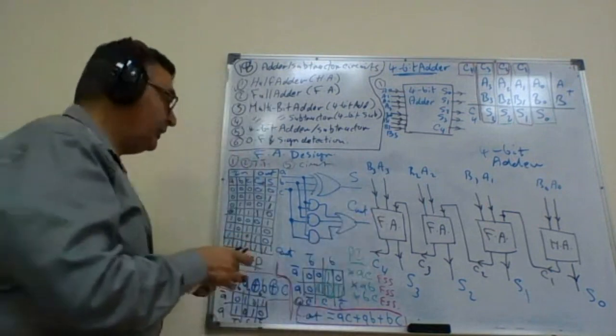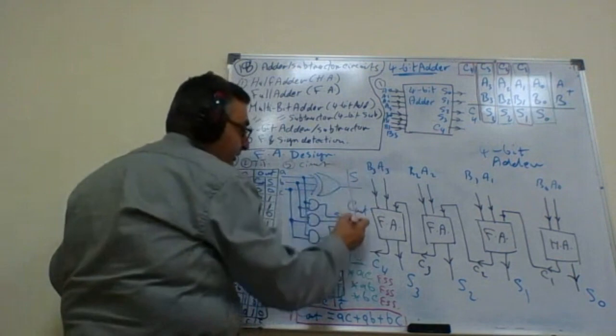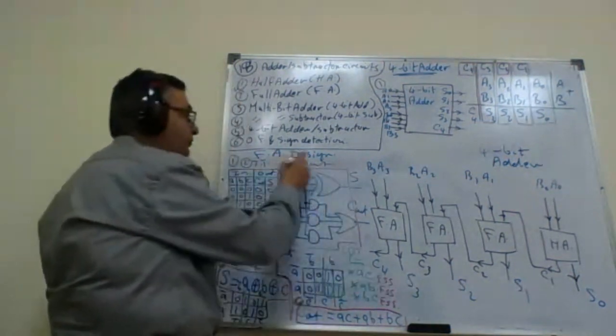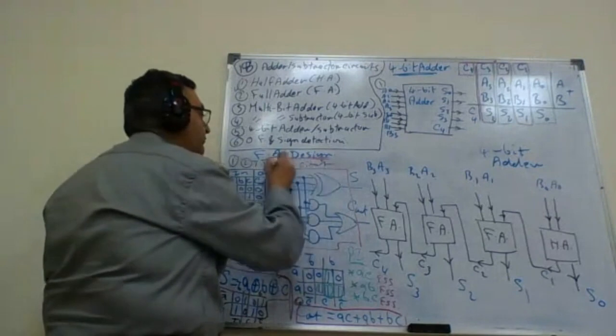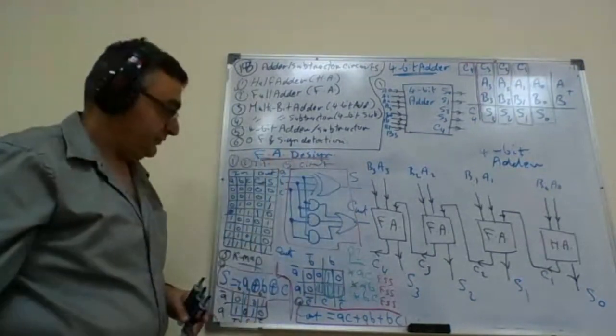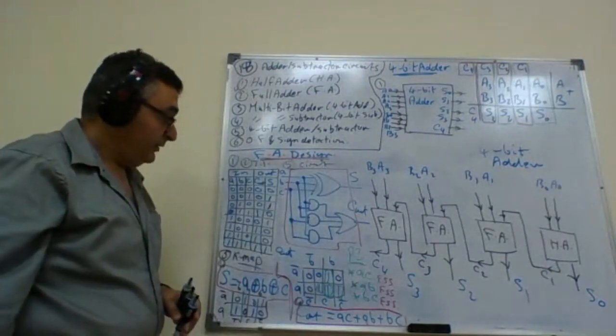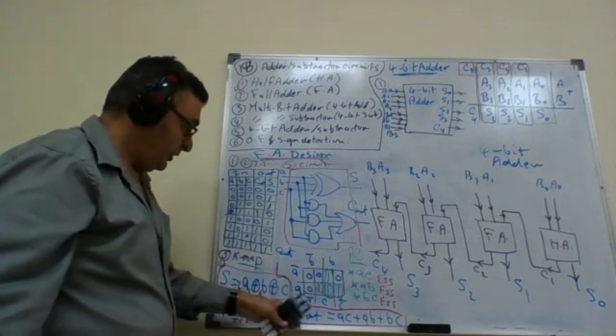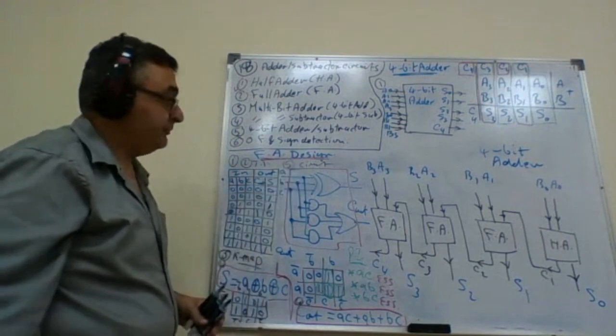The circuit that we have just drawn is representing the circuit diagram for the full adder circuit. Okay? So this is the truth table, K-maps, equations, circuit.